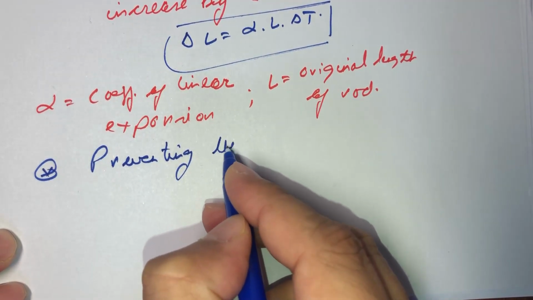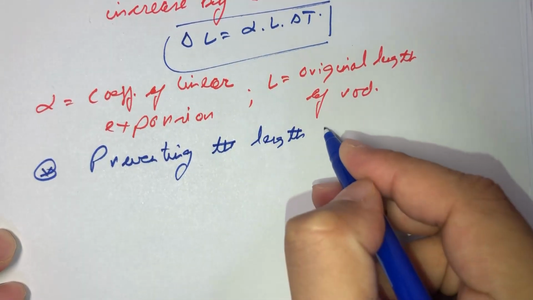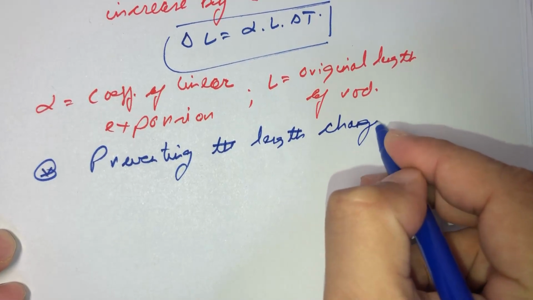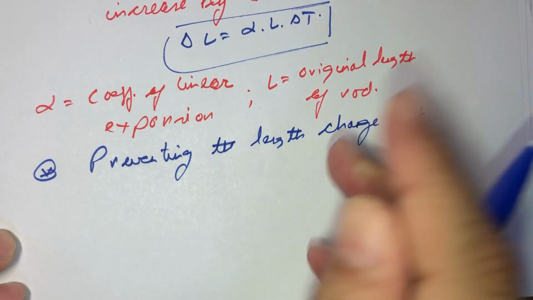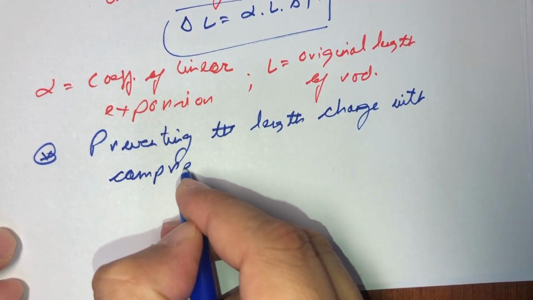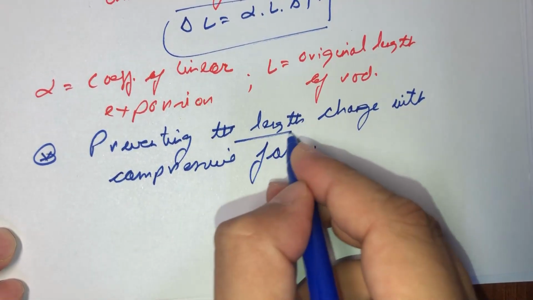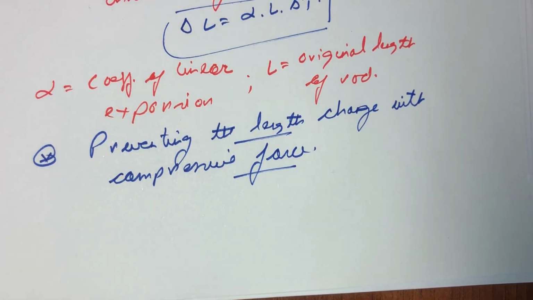So when the compressive force F is applied, it prevents any change in the length of the rod, or we can say it counteracts the thermal expansion.